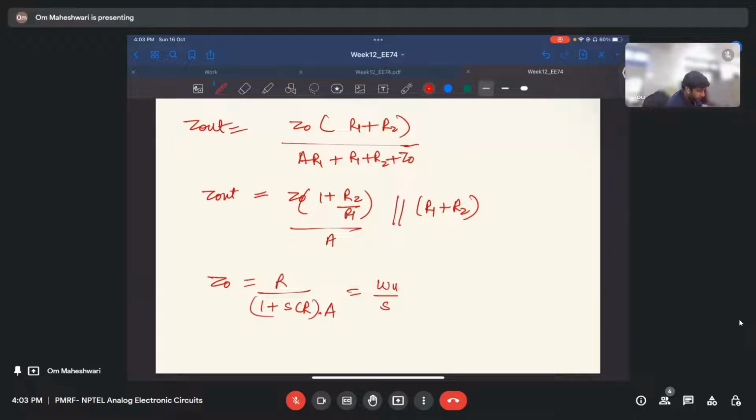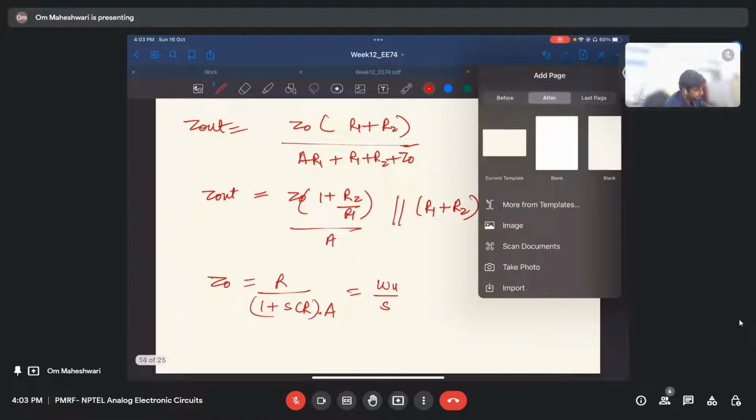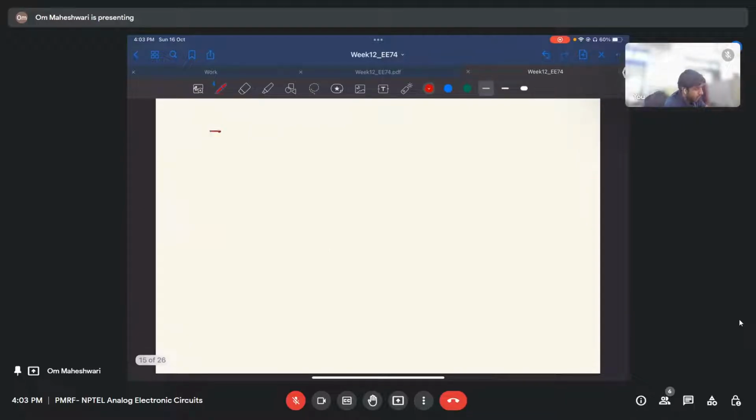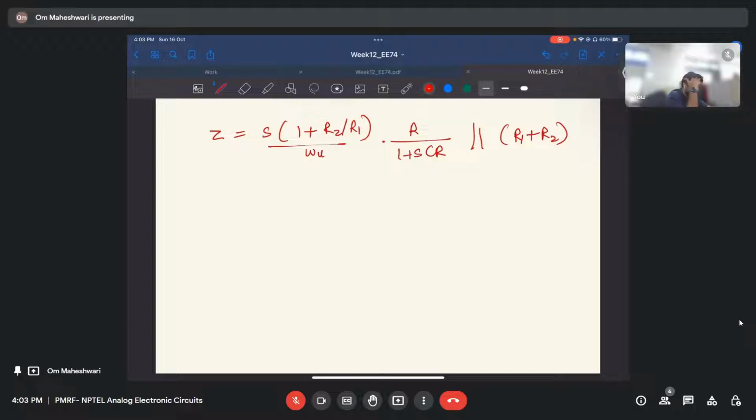Now if we substitute this here, we will get Z equals s times (1 plus R2 by R1) upon omega u, dot R upon 1 plus sCR, parallel with R1 plus R2.